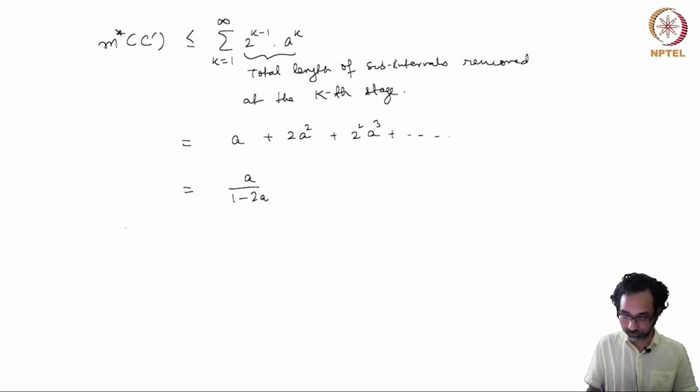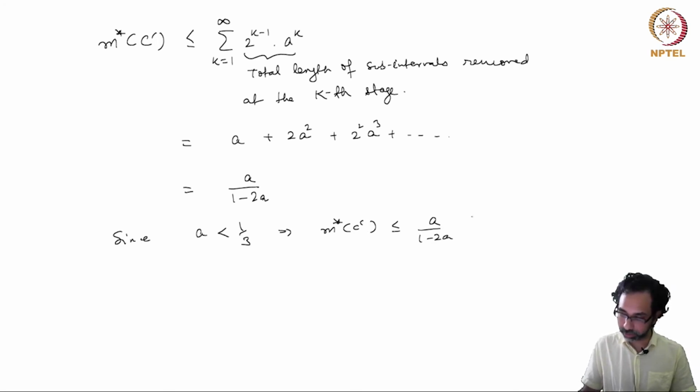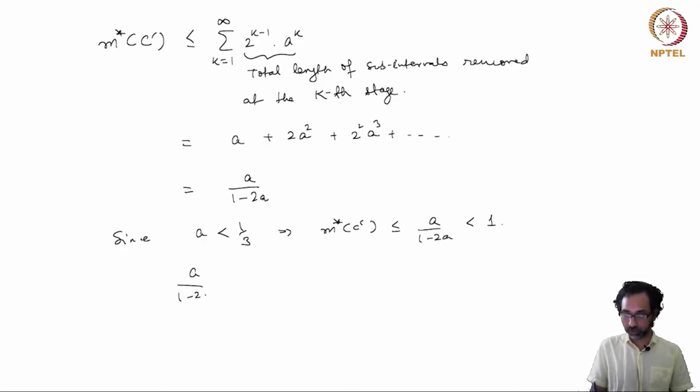Now since a is assumed to be less than 1 over 3, this implies that m star C prime is less than or equal to a over 1 minus 2a, and this is less than 1, because a over 1 minus 2a less than 1 is equivalent to saying that a is less than 1 over 3.